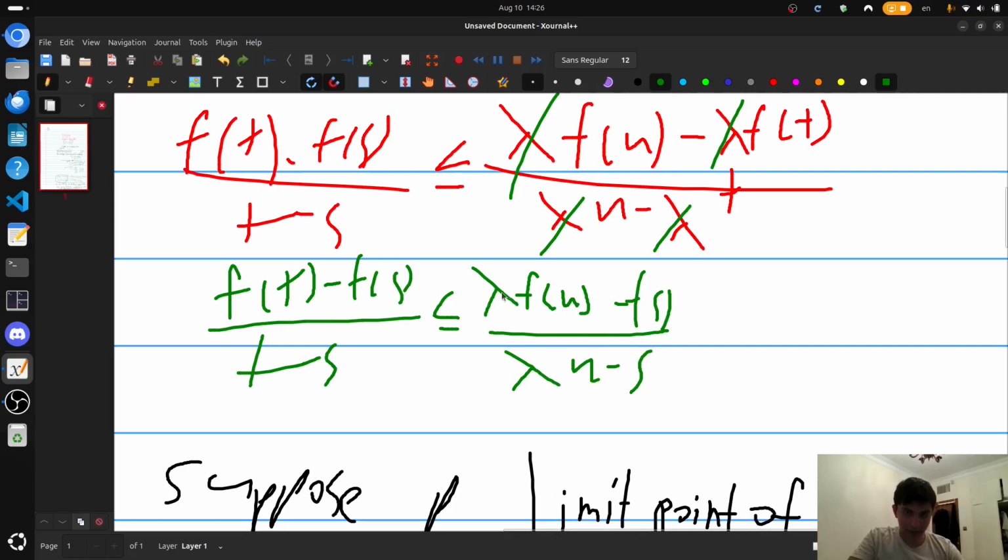Notice that this thing over here is less than or equal to f of u minus f of s over u minus s. So we're going to get f of t minus f of s over t minus s is less than or equal to f of u minus f of s over u minus s.